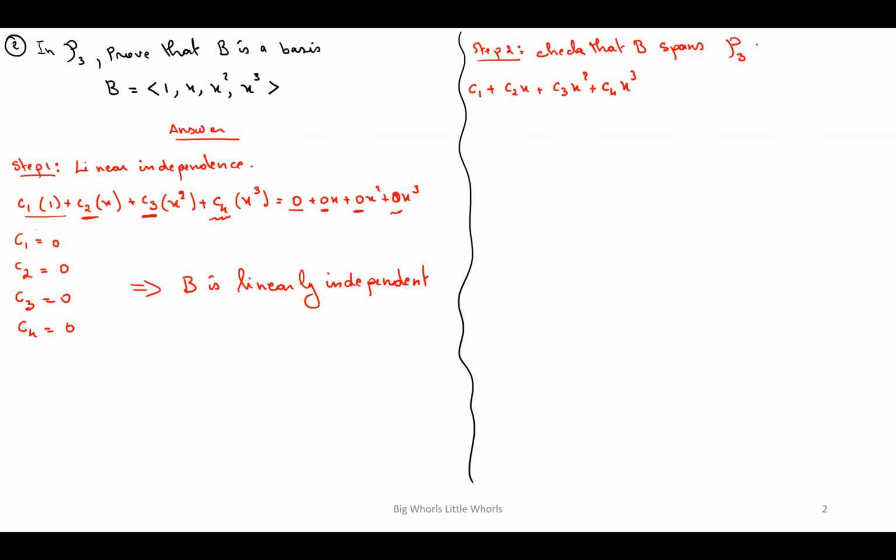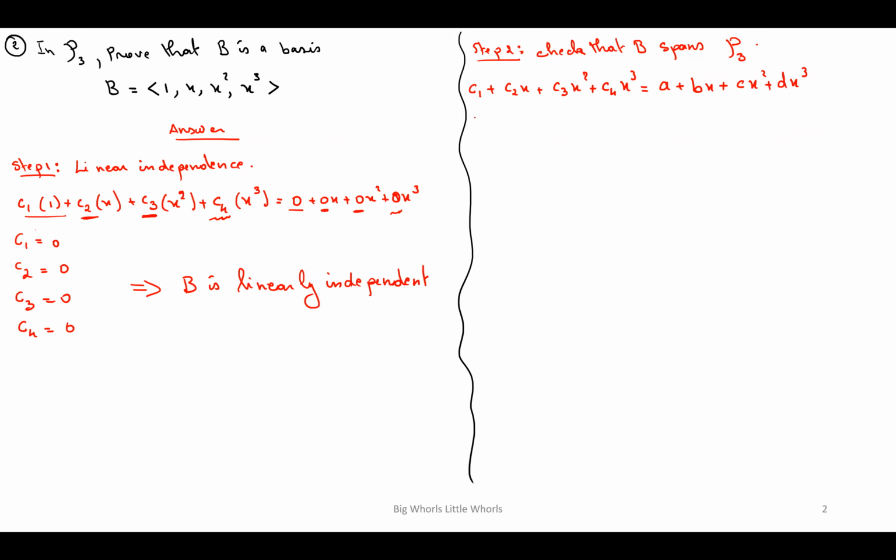We want to find those C's such that any element in P3, which we can call a plus bx plus cx squared plus dx cubed, can be written as a linear combination of the vectors in the basis B.